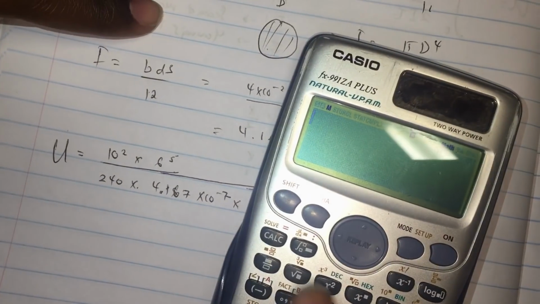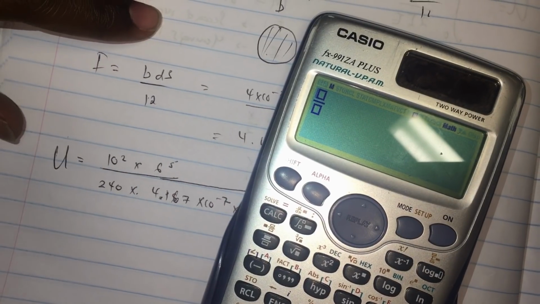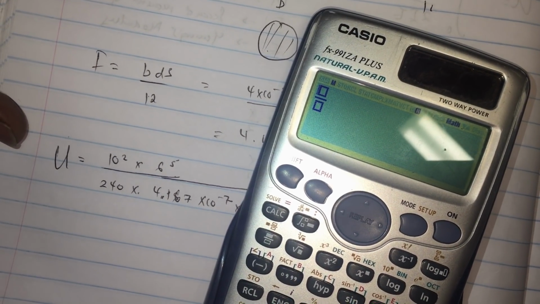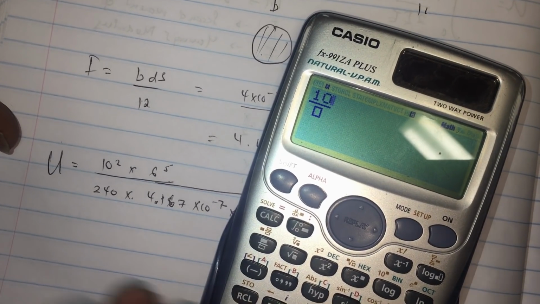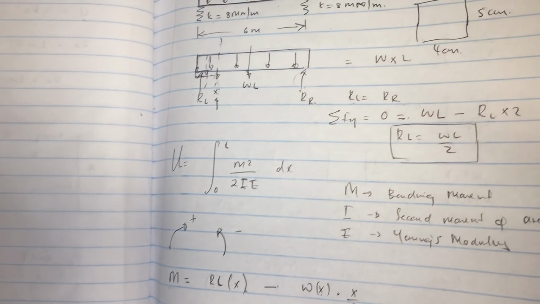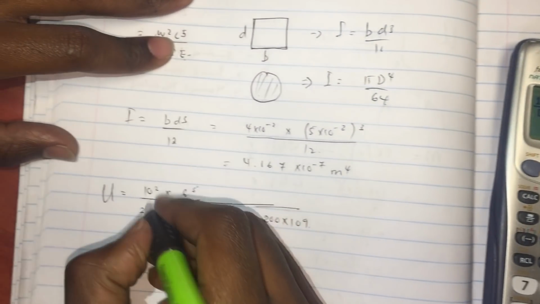Just punch these things into the calculator. Actually, I'm sorry, it's 10 kilonewton per meter.